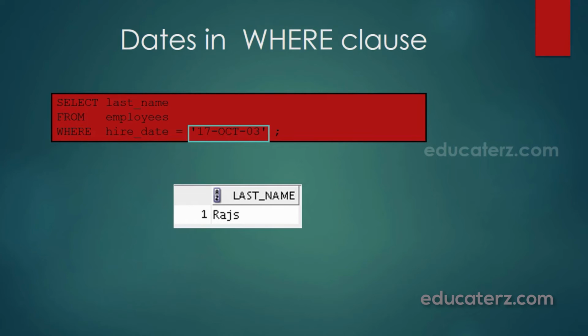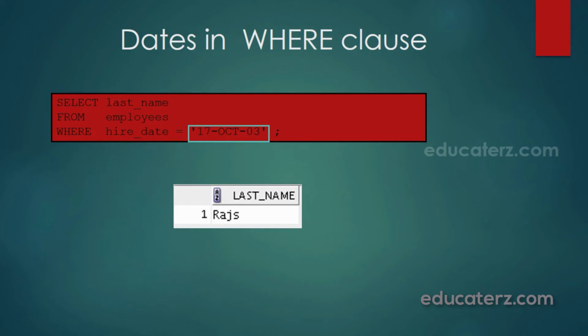So it will return the last names of all the employees who were hired on that particular date. The query returns only one row in this example, and you see the result in the box here. I am moving the cursor. Last name, and only one record is returned.